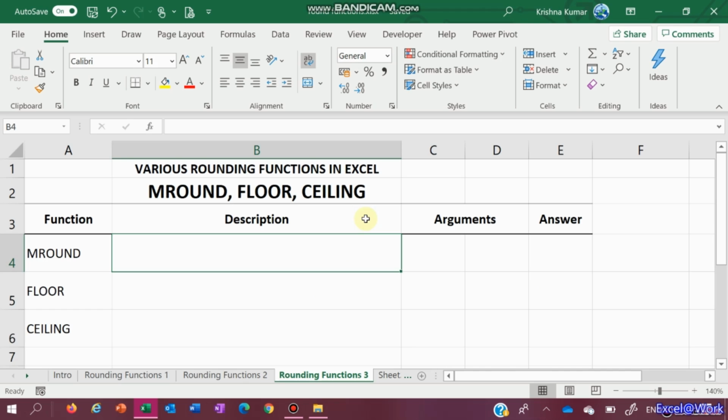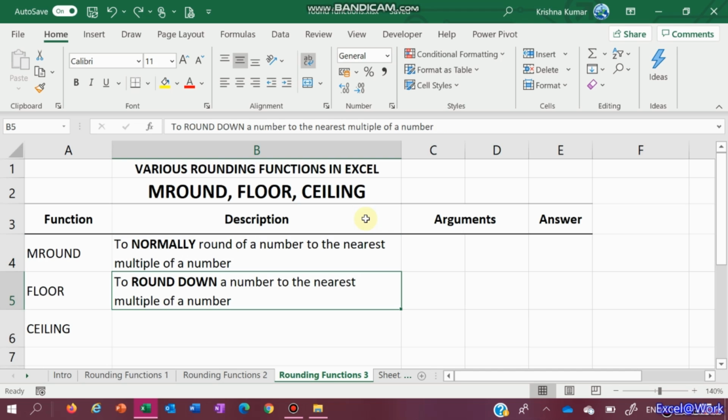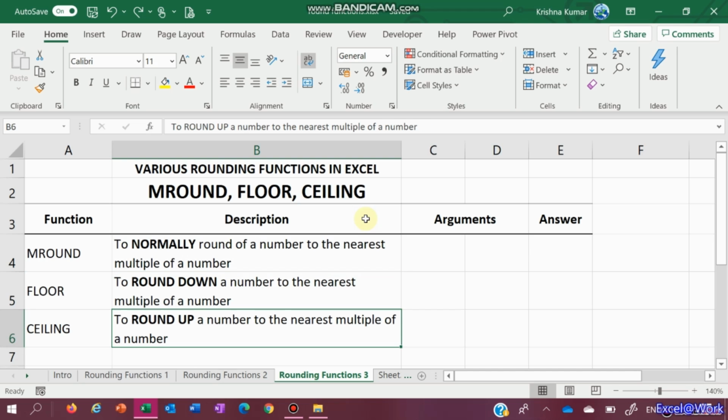The similarity is that the MROUND rounds a number to the nearest multiple of a given number, similar to the round function in Excel. The FLOOR, on the other hand, round downs a number to the nearest multiple of a number. The CEILING is opposite of this. It rounds up a number to the nearest multiple of a number.